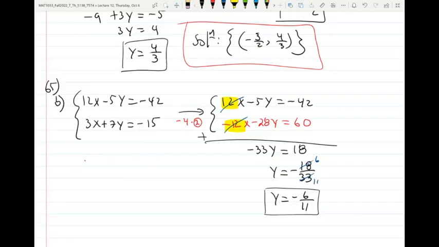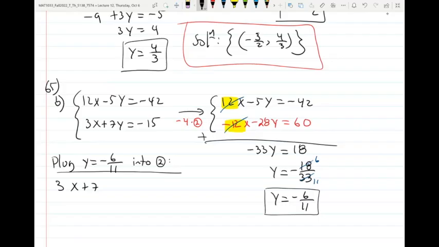I would recommend the one with smaller numbers. Even though you see a 7 here instead of a 5, these coefficients are nicer to deal with. It's a 3 and 15. Here you have a 42 and 12. But it doesn't matter, you plug in whatever you want. Plug negative 6 over 11 into equation number 2.